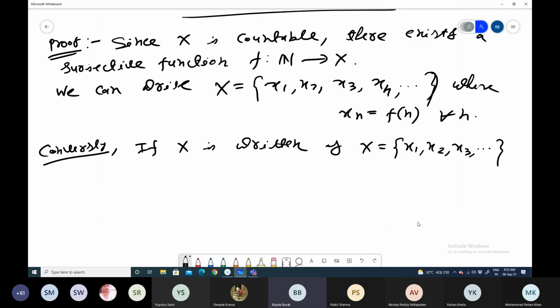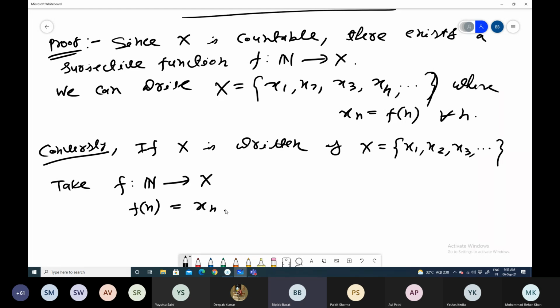Right. Okay. Now suppose X can be written as this infinite sequence, as a collection of an infinite sequence. Then how to prove that X is countable? It is sufficient to prove that there is a surjective function from natural numbers to X, right? Now can you give me the surjective function? We can map i to xi. We can just say f of n equals xn.